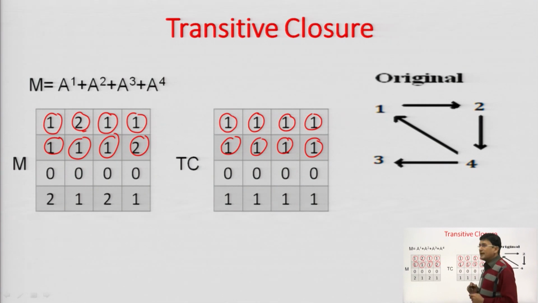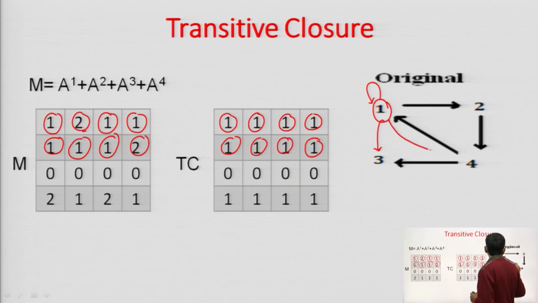You can draw a graph with this also. So 1 to 1 there will be an edge because the entry is 1. So 1 to 2, 1 to 3, let us draw it like this. Then 1 to 4 also. Then 2 to 1, 2 to 2, 2 to 3, 2 to 4.